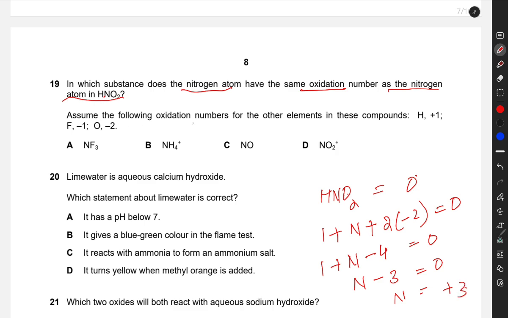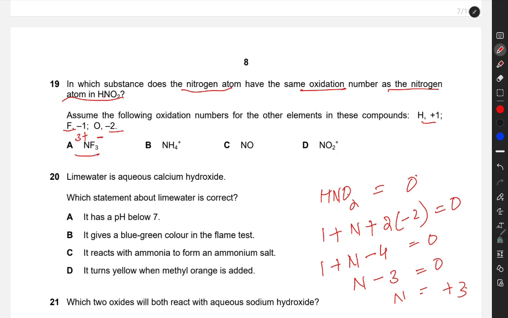So assuming the oxidation numbers for the other elements in these compounds are plus 1 for H, minus 1 for F, and minus 2 for O. NF3: fluorine is more electronegative, so fluorine carries minus 1 and nitrogen carries plus 3.